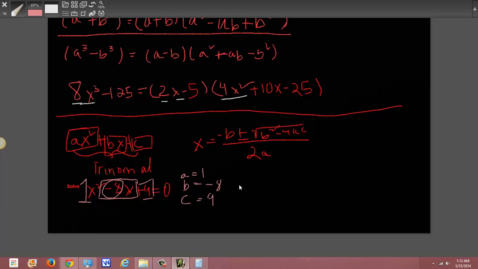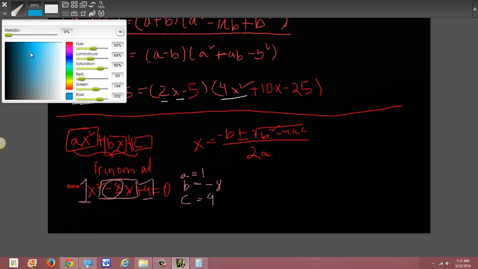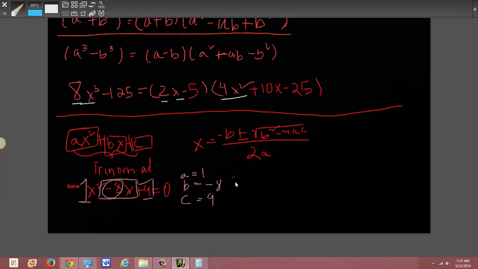So now all we have to do is substitute. X equals minus, and put this minus 8 here, plus or minus the square root of minus 8 squared minus 4, A is 1, and C is 9.